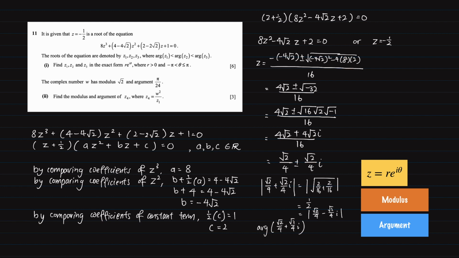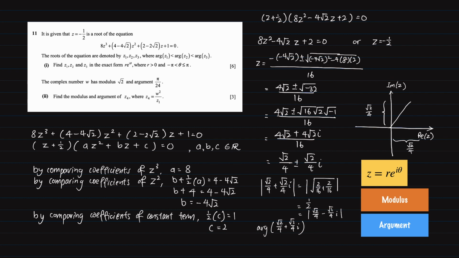If you illustrate this on an Argand diagram very quickly, this argument lies in the first quadrant, and tan inverse of square root 2 over 4 divided by square root 2 over 4, which is tan inverse 1, equals pi over 4. Similarly, the complex conjugate will be minus pi over 4.